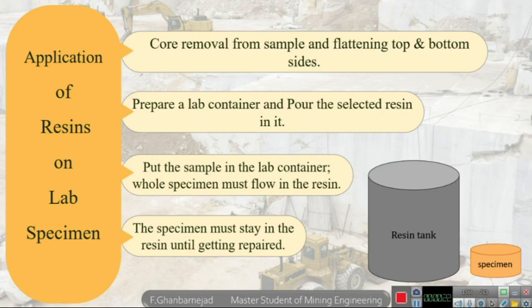Be careful that the whole specimen must be immersed in the resin, and the specimen must stay in the resin until getting repaired. For the last item, let me make a brief mention. According to the resin you choose, the time for curing, mixing, and thickness is different, and that's because of the mechanical and physical characteristics of that resin.